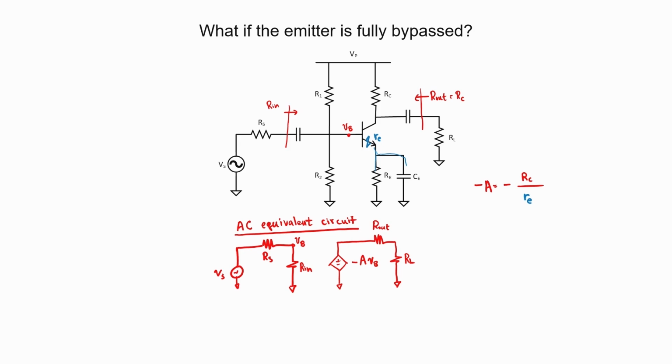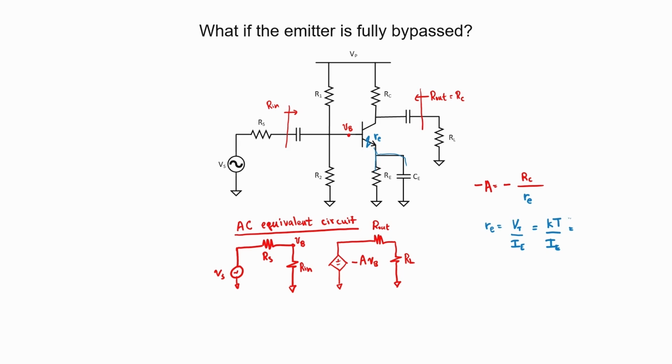Now the question is, how do we find it? How do we know what this little resistance is? In order to find it, you first need to find what the DC emitter current is. I'll call it I sub E here. You're going to have to just remember this formula. It's Boltzmann's constant times the temperature in Kelvin divided by the DC emitter current.